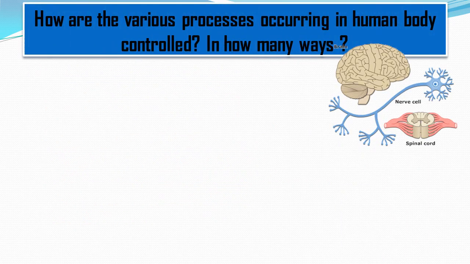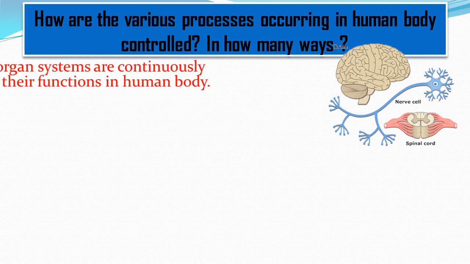Alright, in how many ways are the various processes occurring in the human body controlled? Students, we know there are different processes like excretory, circulatory, digestive, respiratory, and many more functions in our body. So how are they controlled? They should be controlled. So let's understand.